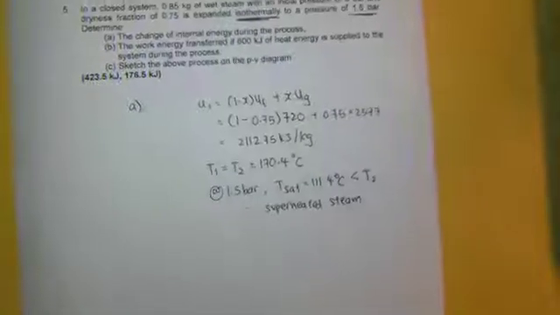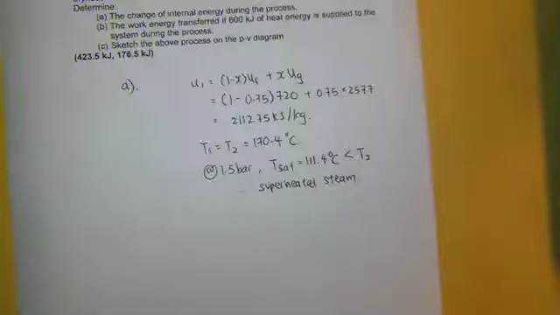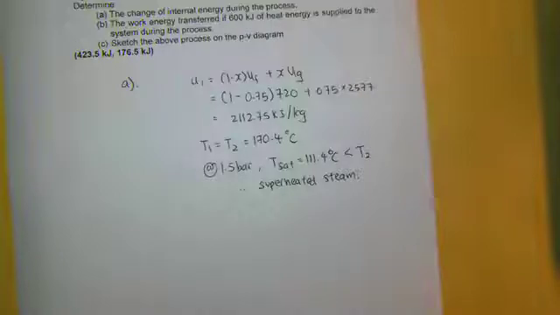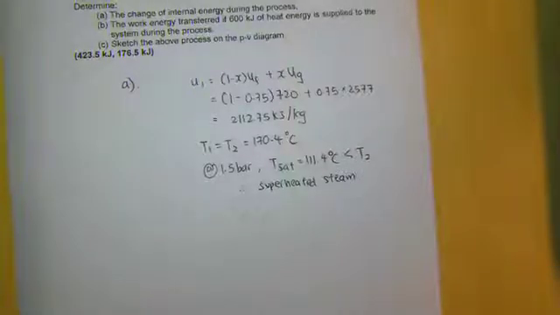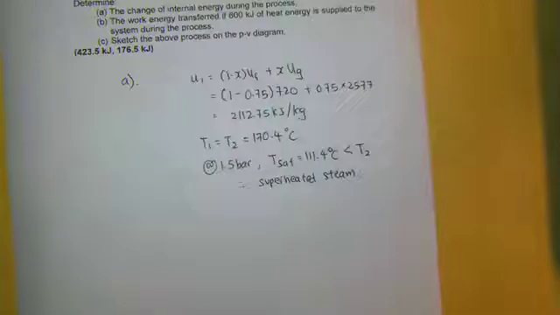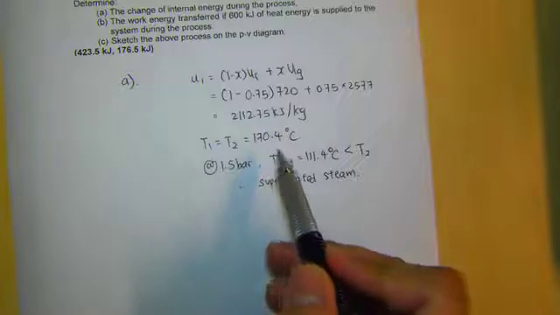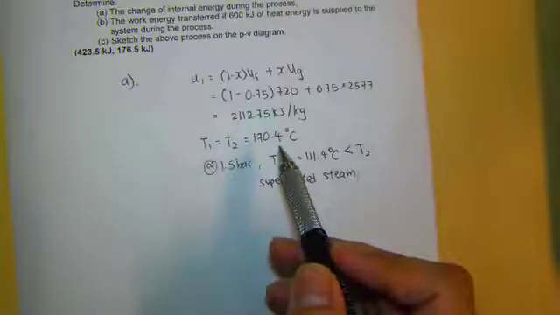Since it is superheated steam, we will refer to the superheated table at 1.5 bar and temperature 170.4 degrees Celsius. Clearly, at 1.5 bar there is no 170.4, so we have to do interpolation.